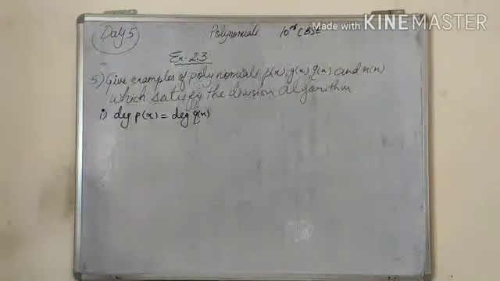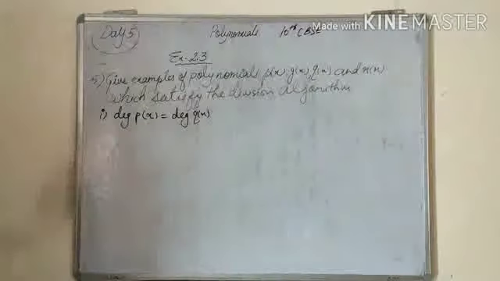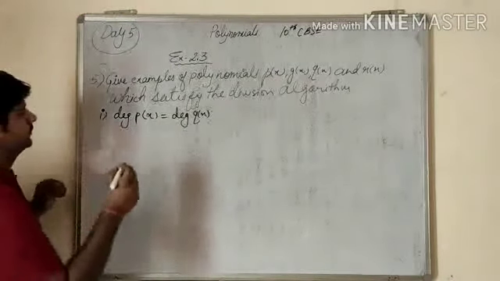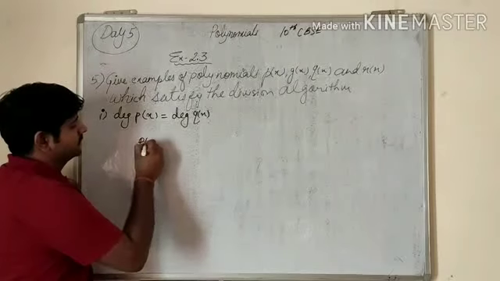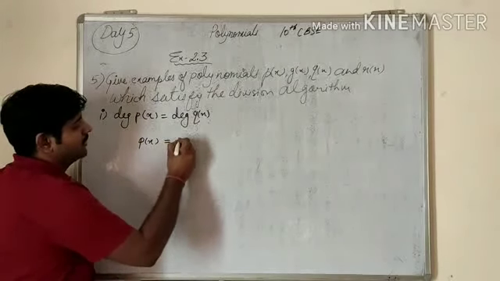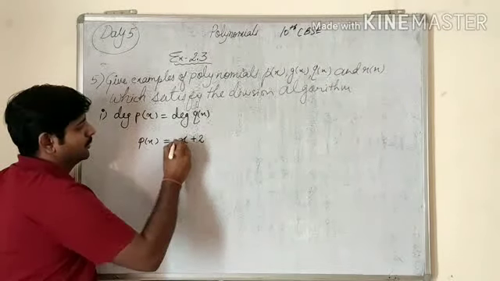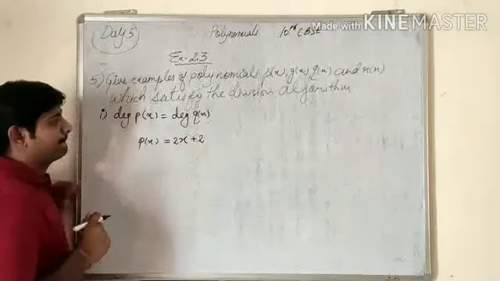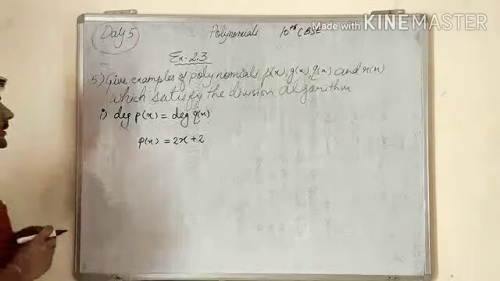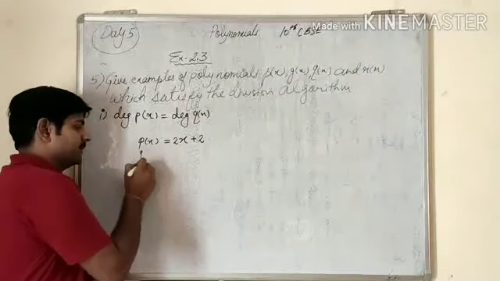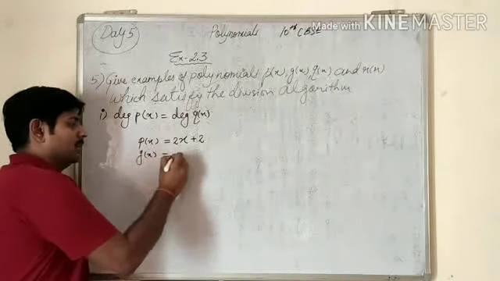So suppose I take p(x) equals 2x plus 2, and my g(x) is only 2.